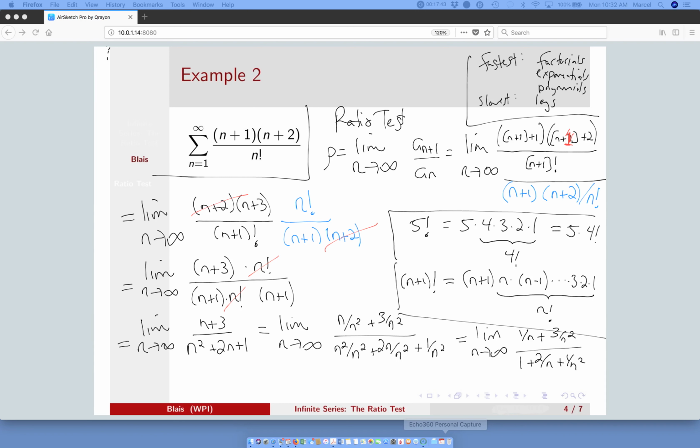So this is 0. If you put all of this together, remember, this was the rho that we just calculated. So rho equals 0, which is less than 1, which means our series converges by the ratio test.